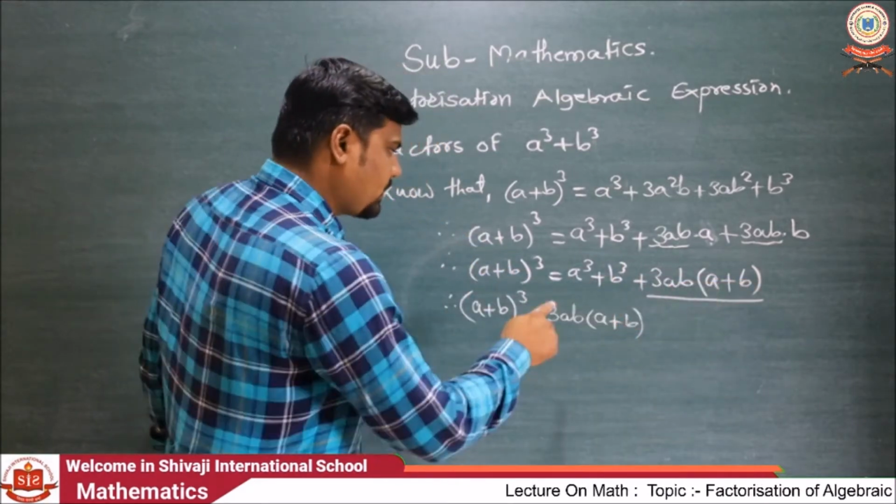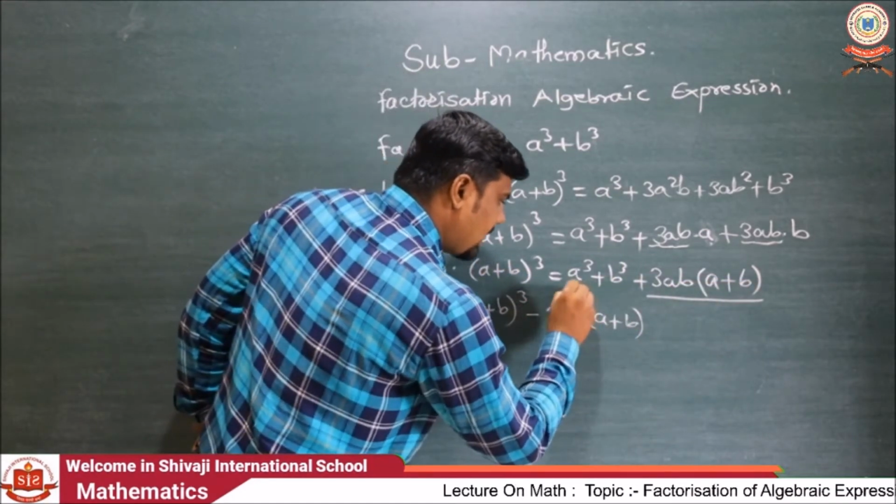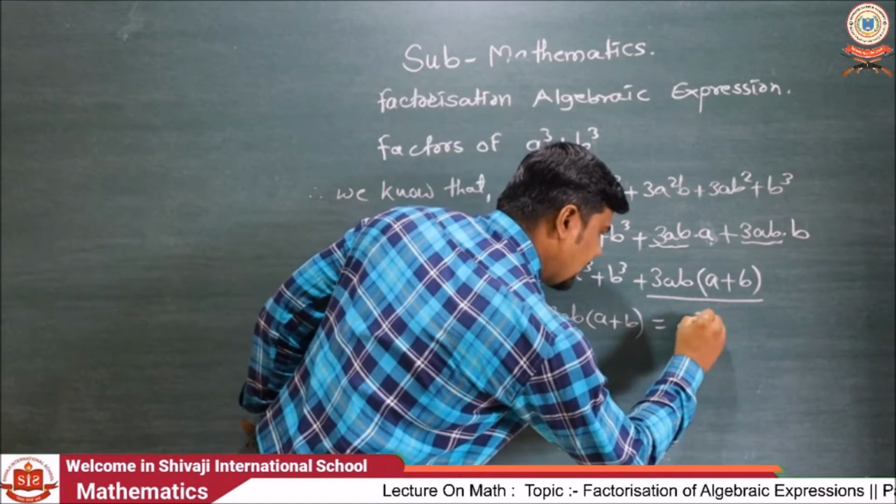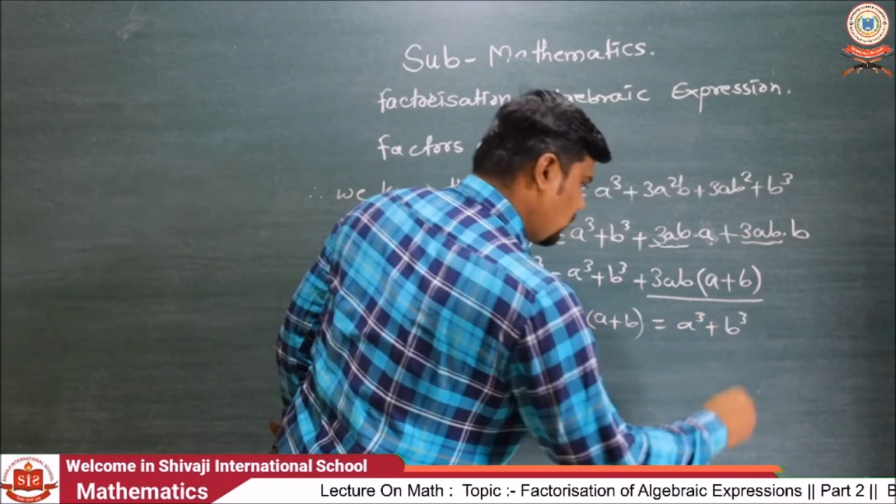Then only a cube plus b cube remains here.